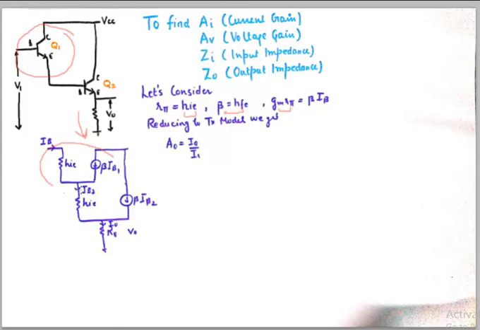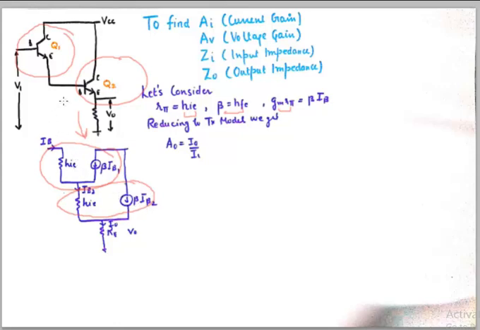So this is transistor 1 and this is transistor 2, and this transistor will also have its own HIE and current source, which is beta IB2.